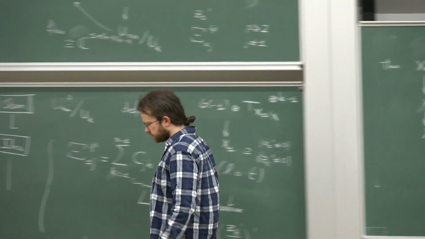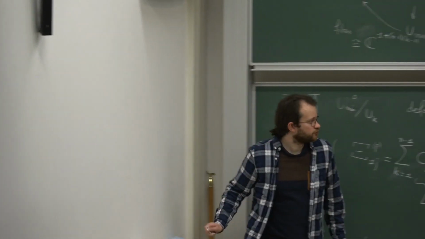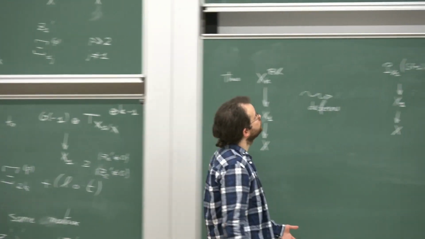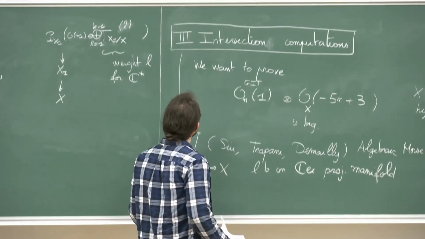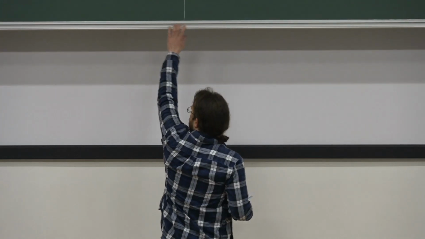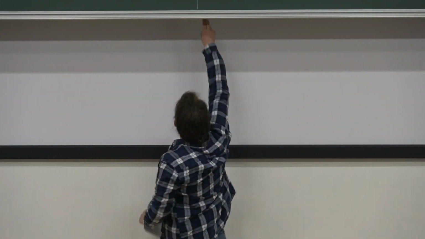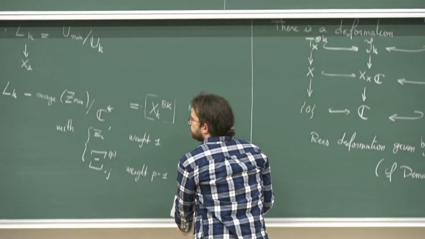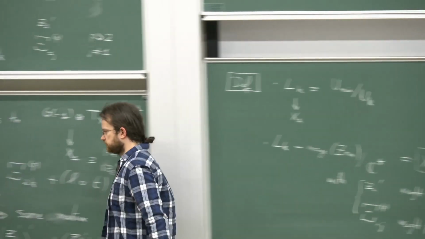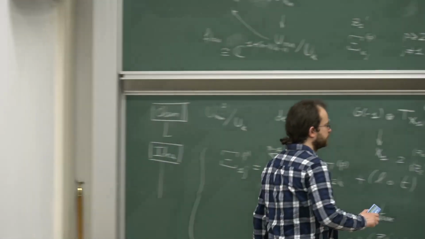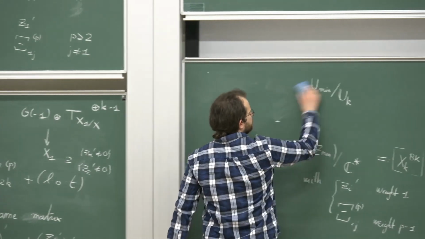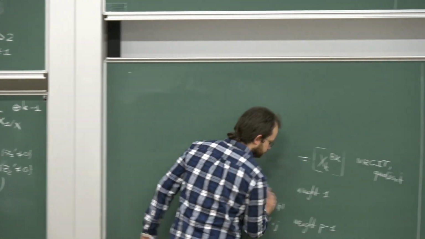And the criterion is that you must first be able to write the line bundle as a difference of two nef line bundles, and then to compute some intersection number. And so that's how we get, in the end, to these intersection computations.